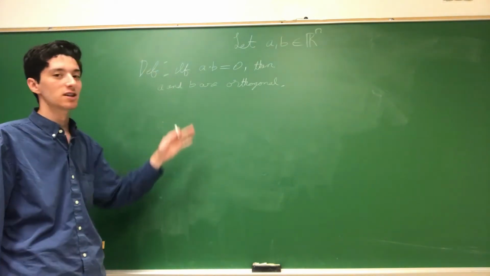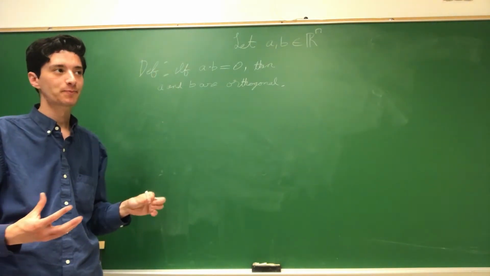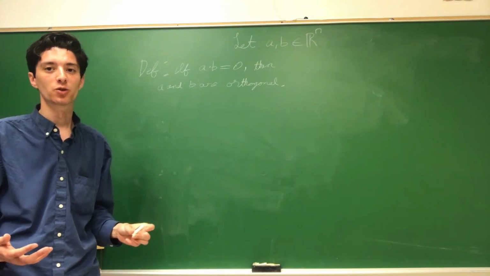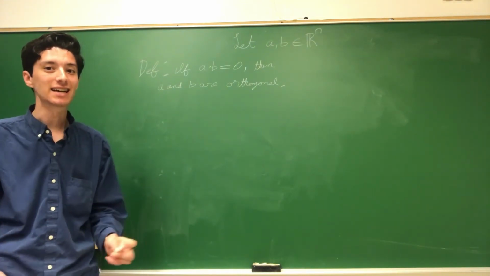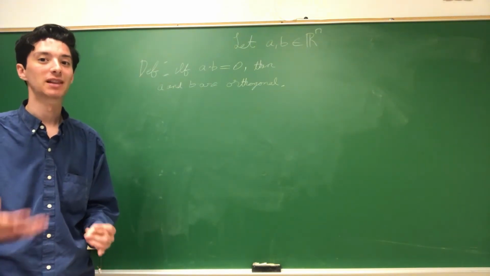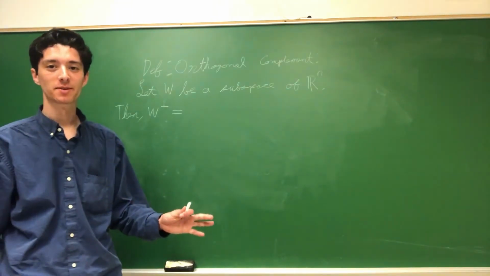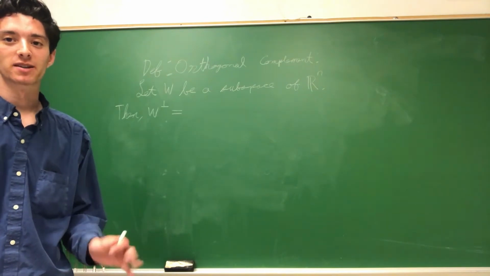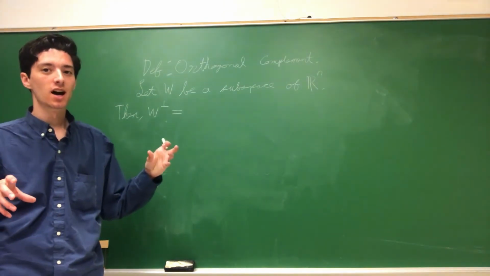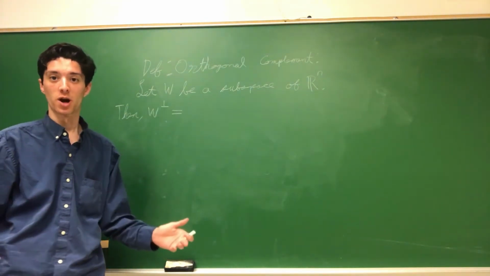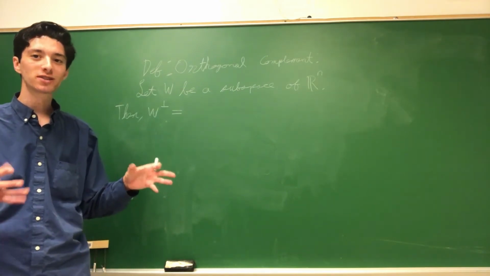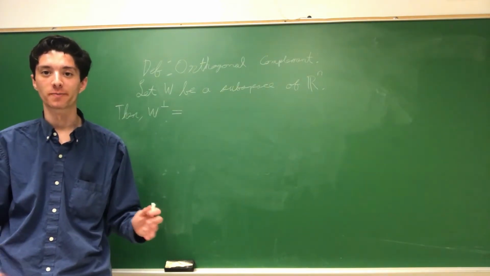But this definition gives us a very convenient mechanism to think about this idea of things being perpendicular, but applied in a new setting. This allows us to define a new concept called the orthogonal complement. So now instead of thinking of two vectors being orthogonal, we can think about two subspaces being orthogonal.